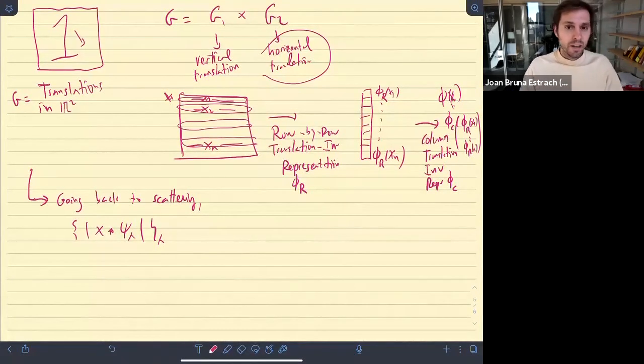If I have an image, I have different rows, and if I think that my translation has a horizontal component and a vertical component, well, that seems pretty nice, because then one part of my group is only acting on each of the rows separately. So I can take a very complicated problem of building invariant representations and break it into sub-problems that look tractable. And the fact is that it does work, right?